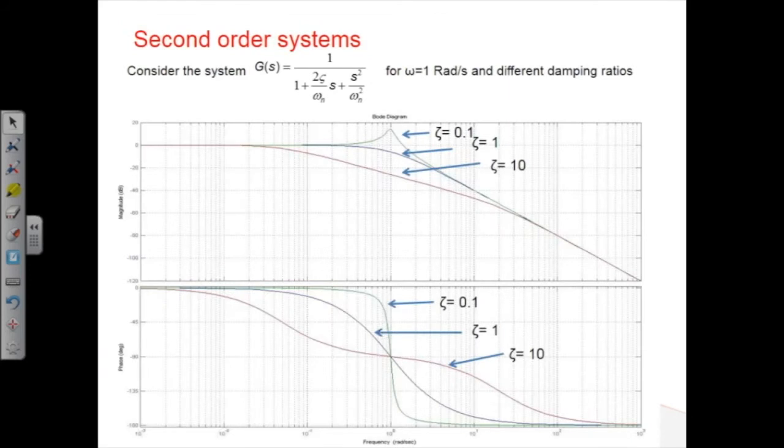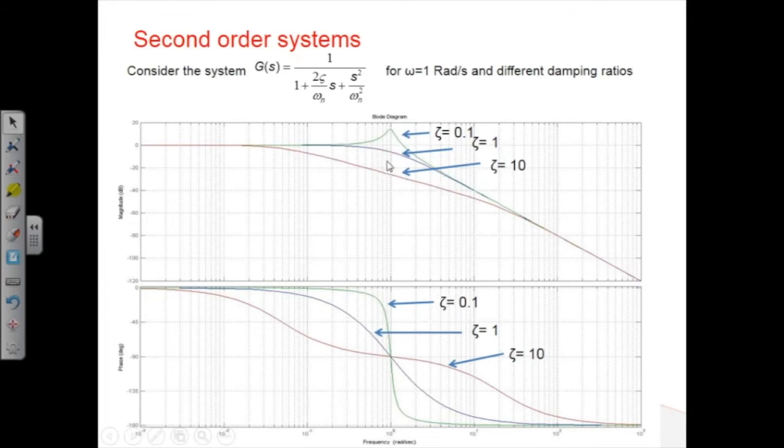There's a second order one. What I've done in this one is introduce 3 different zeta values so you can see the difference. Zeta equals 1 is the blue one in the middle. If I put my asymptotes in just a second, you'll see that's a 6 dB drop. Large zeta, you get a much bigger difference.